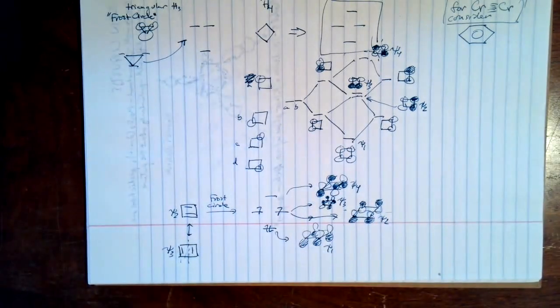Okay, so that should give you enough to go with to start working on how that thing bonds to the chromium, and for us to dig in on Tuesday to some more of the organometallic types of bonding that we might be interested in. If you have questions, feel free to email me before Tuesday.